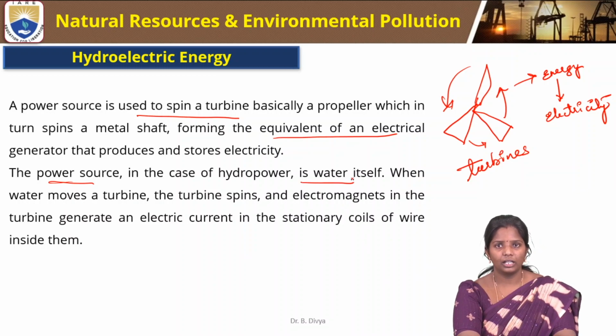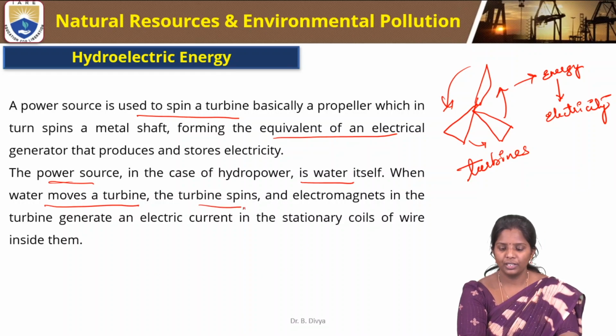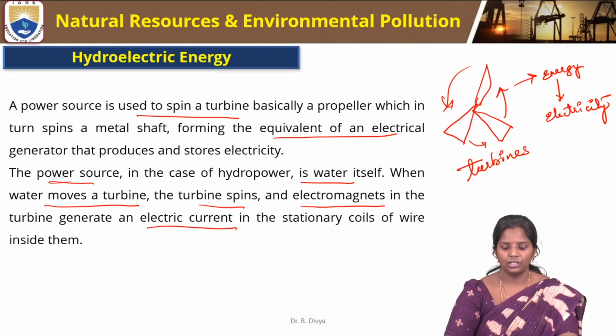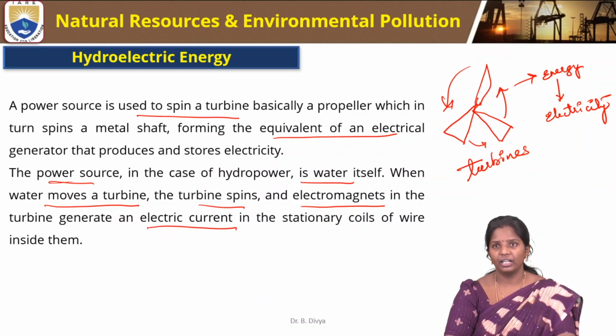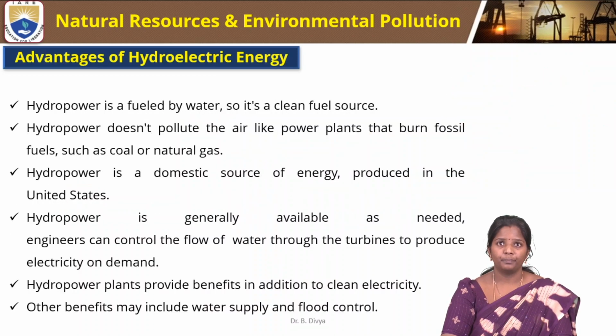That is why we are constructing nearby dams. And when water moves through, the turbine spins and electromagnets in the turbine generate electric current in the stationary coils of wire. So inside the stationary coils of this turbine, there is generation of electricity, or the current, that can be stored and used in a purposeful way.